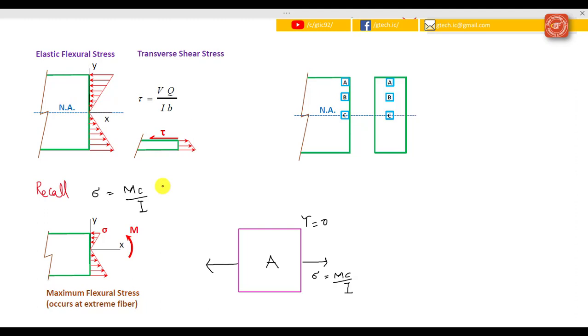If I draw a stress plot, we see that there is no shear force at the outer surface, and so the maximum flexure stress can be calculated at that point.